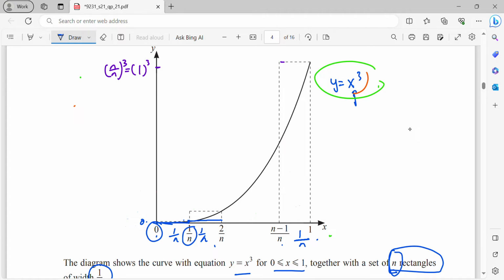Right, so same for the last rectangle. I'm using this. So the height is going to be n minus 1 over n to the power of 3. Okay, this height is going to be 1 over n to the power of 3. Alright, so that's a difference now.